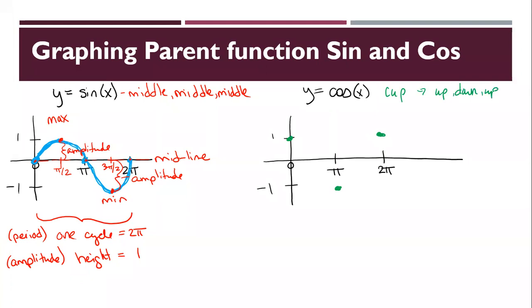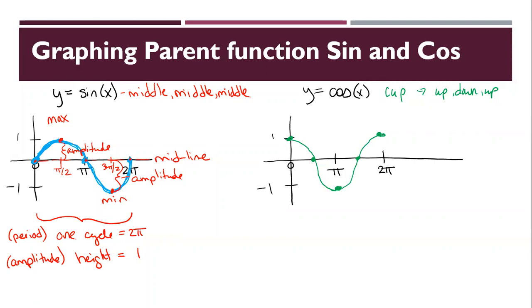And that's how you graph it. The beginning, middle, and end, you're up, then down, then up again. And halfway in between, right here between quadrant 1 and quadrant 2, I hit the midline, and I do it again over here between quadrants 3 and 4. And there's my cosine parent function.